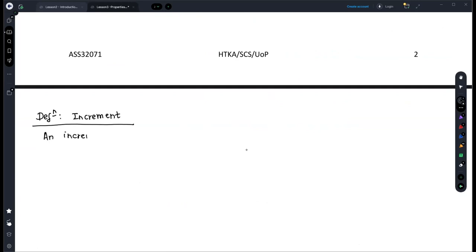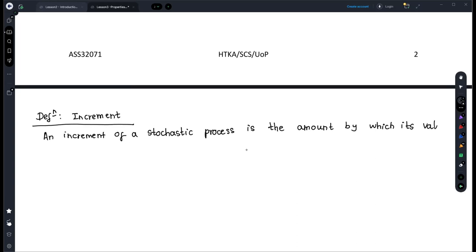An increment of a stochastic process is the amount by which its value changes over a period of time. Okay.